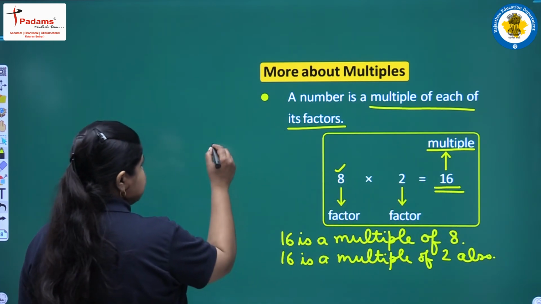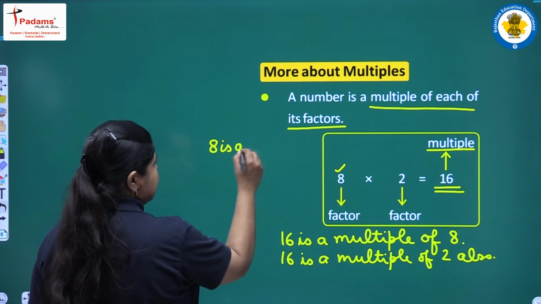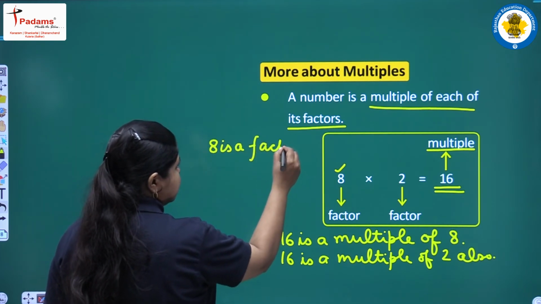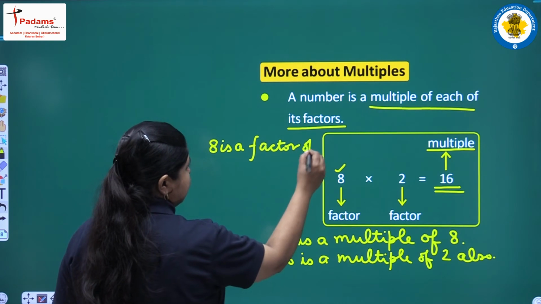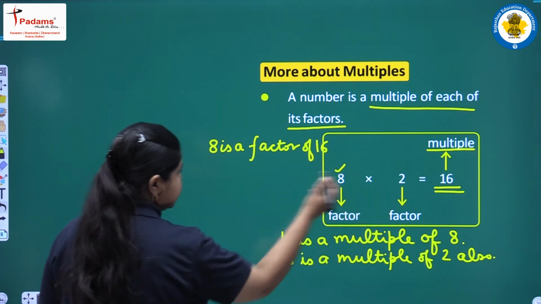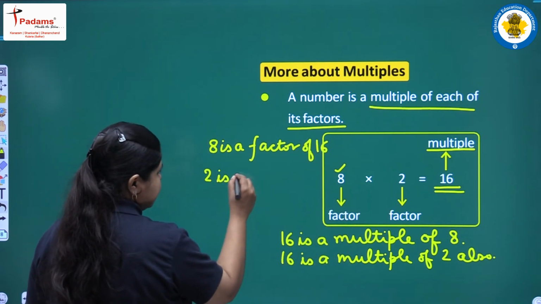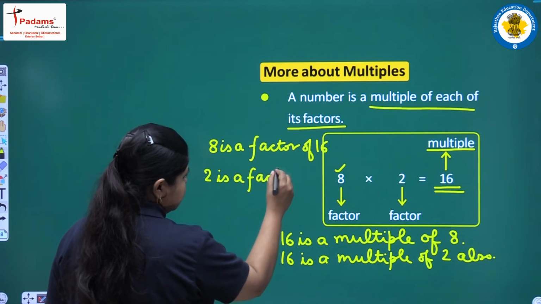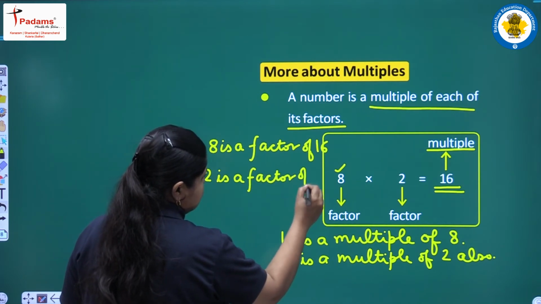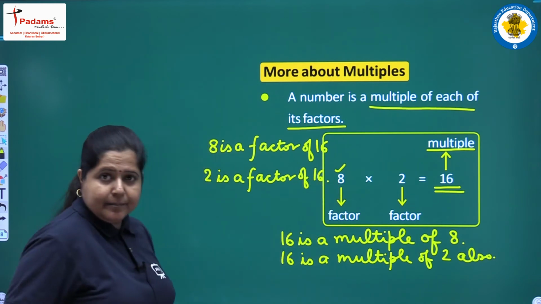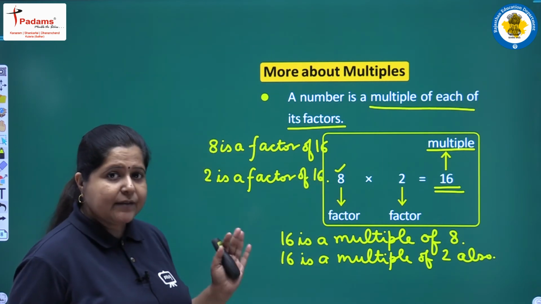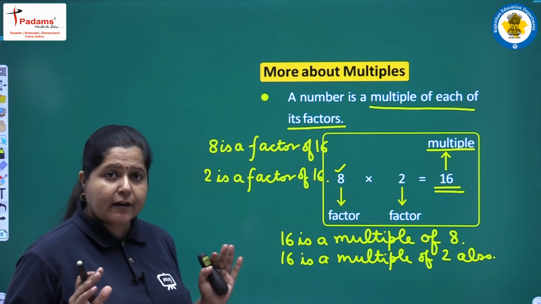What else can we say? 8 is a factor of 16. And similarly this 2 is a factor of 16. Make it clear in your mind what is a multiple and what is a factor.